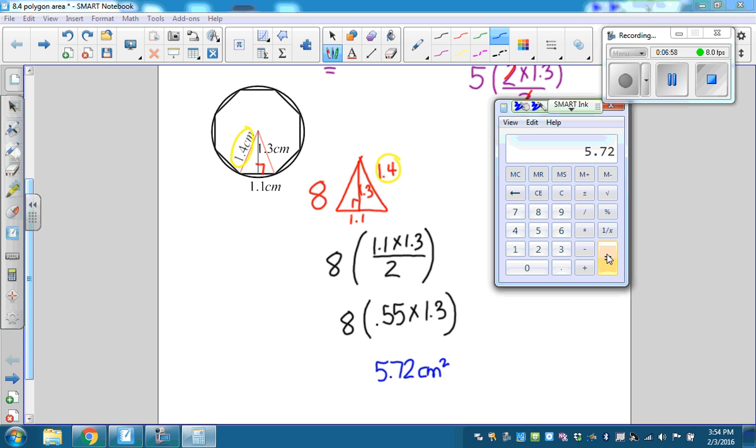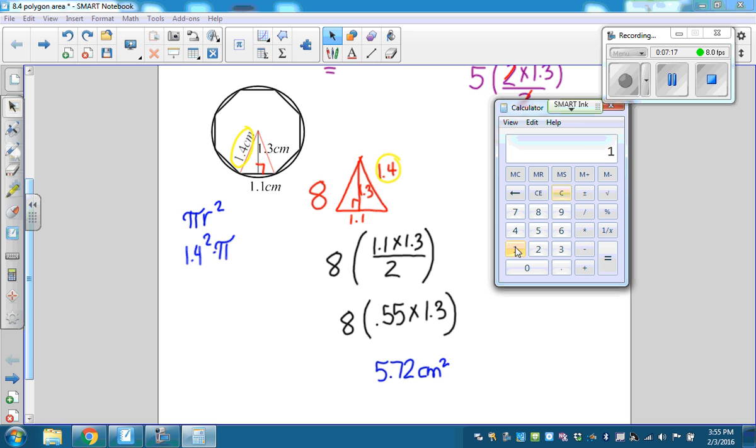But also, you know the radius of the circle is 1.4, and pi r squared is the area of the circle, so that would be 1.4 squared times pi, and so your answer should be smaller than that, because the shape, the octagon, fits in the circle.